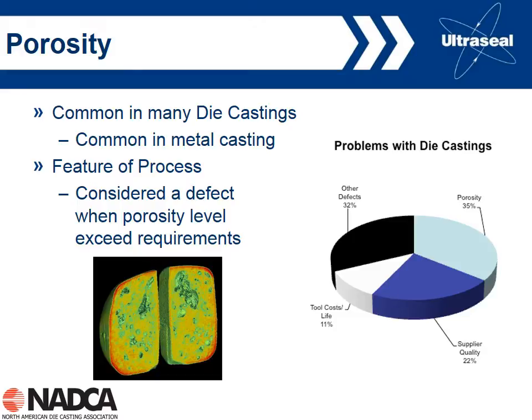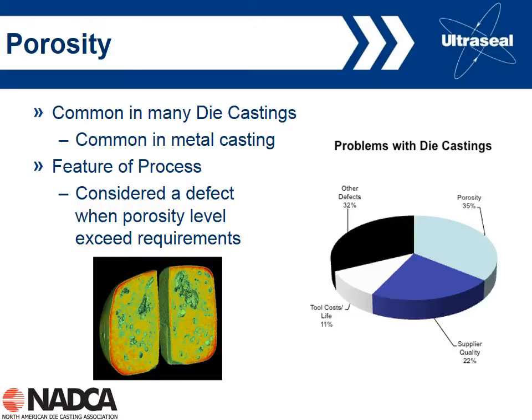So basically, 35% and 32%, about 67% or 2/3 of all concerns with die casting have some relation to porosity. However, porosity is obviously a feature of our process, so maybe we need a better way to consider it: not as a defect, but as a characteristic of the die casting process. Our goal is not to say that porosity is not a problem, but that porosity is something we ought to expect in our casting process, in our product.